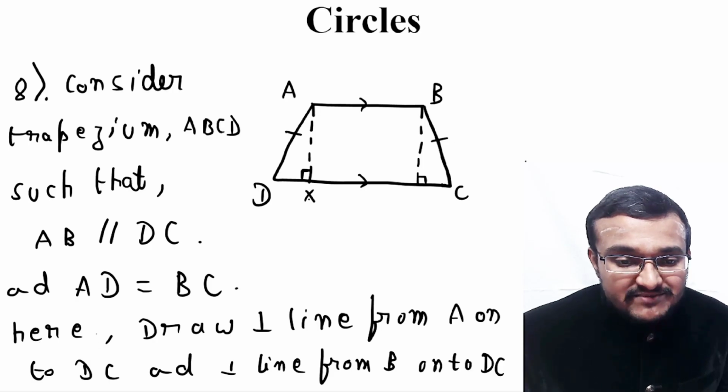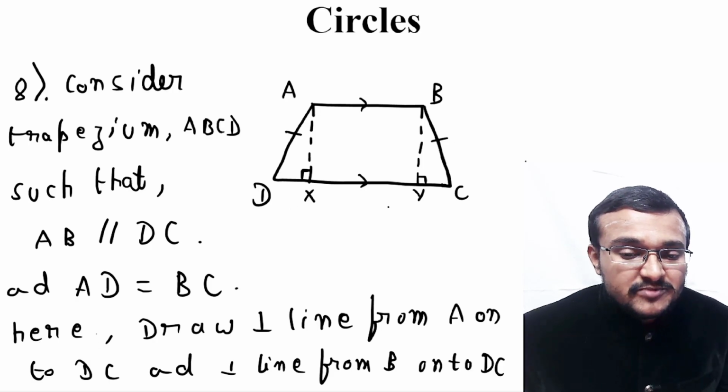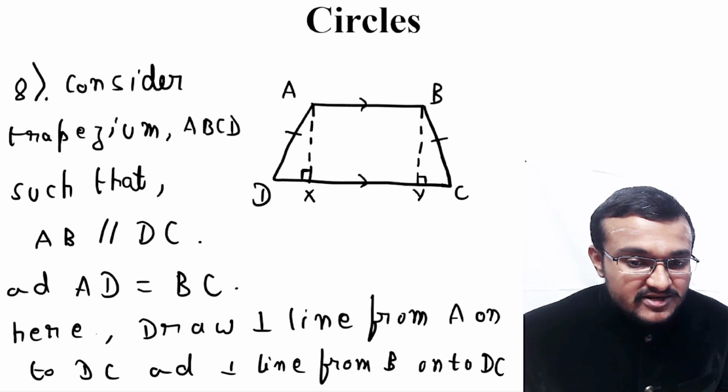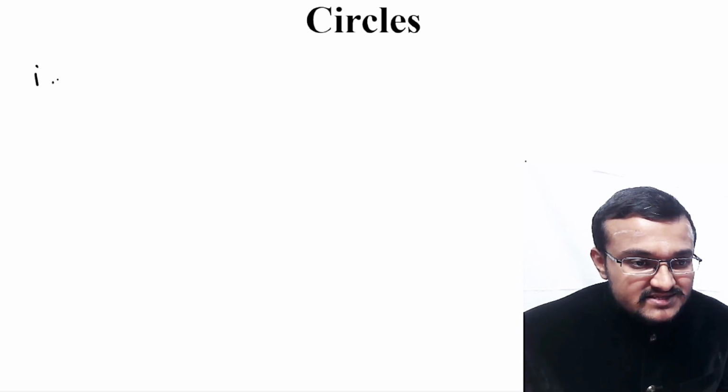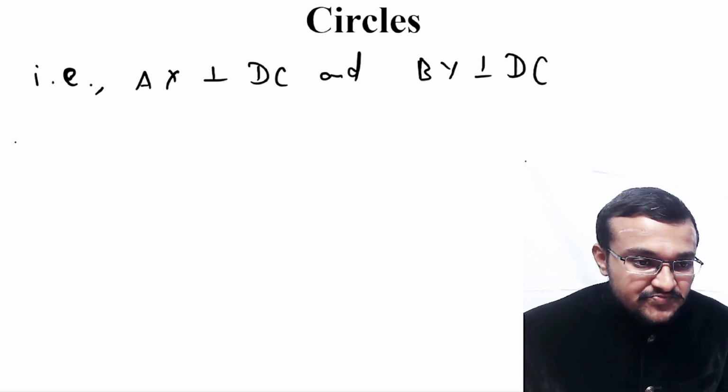This point we will name as X and this point as Y. So AX is perpendicular to DC and BY is perpendicular to DC.